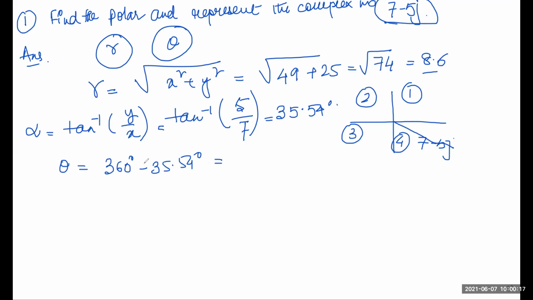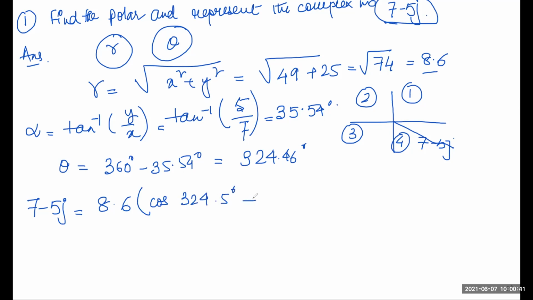Ma'am, 324.4. Yes, 324.46 degrees. So how can you express 7 minus 5j in polar form? We can write it like this: 8.6 cos 324.5 degrees plus j sin 324.5 degrees.